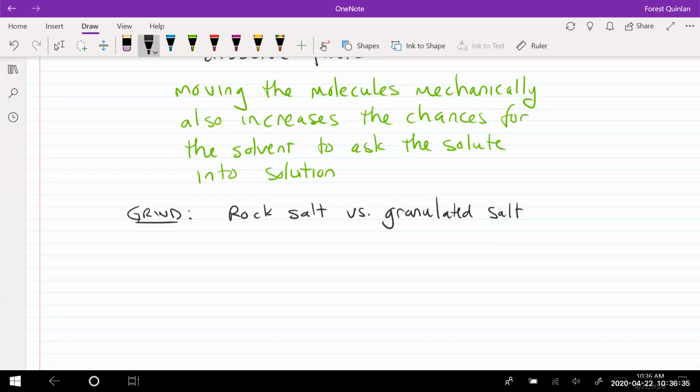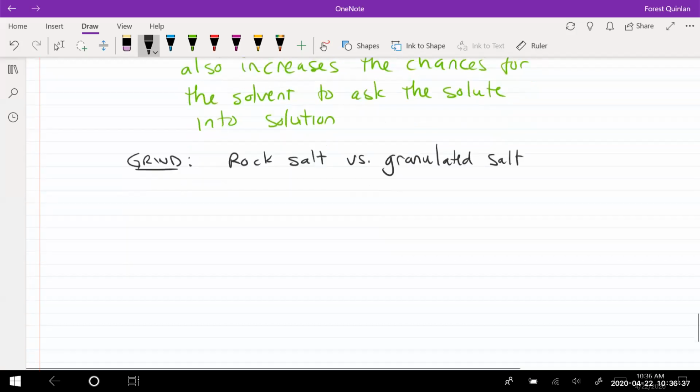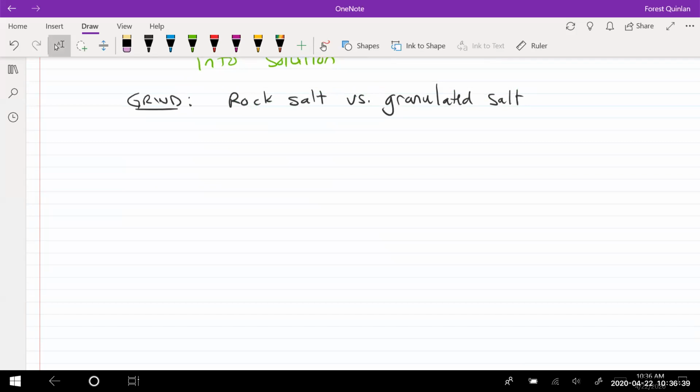Hopefully it's not too much of a leap to know that we like to take granulated salt and sprinkle it into our food or add it as a seasoning as we're cooking or anything. You can use rock salt, knock yourself out, but good luck getting it to dissolve into anything that you want to cook with. And that's because by grinding, what you end up doing is you increase the surface area.